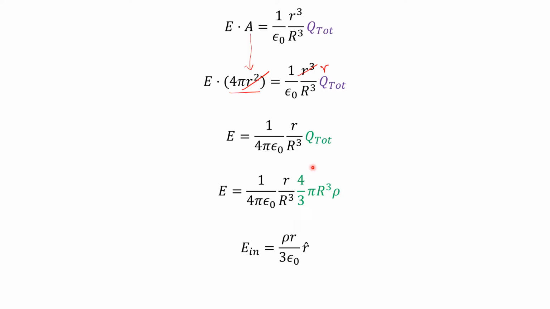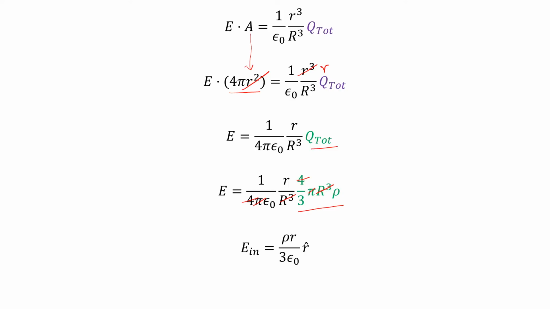So this total charge, which I have shown in green color, is 4 by 3 pi capital R cube times rho. Now the 4 and 4 will get cancelled, the 4 and this pi will get cancelled, and similarly the R cube also will get cancelled.